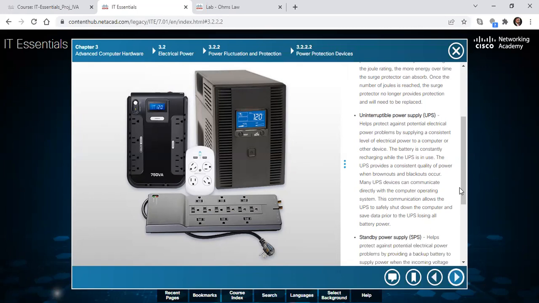So sometimes you have some UPS that you can configure. So as soon as the light goes off and the UPS gets to 10 minutes, it will automatically shut down your system. Whatever thing you're doing, it will shut it down properly. Now, the reason is this. When your system is not shut down properly, you might have a crashed system. We talked about the memory, how the memory functions.